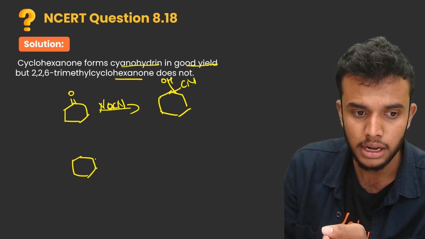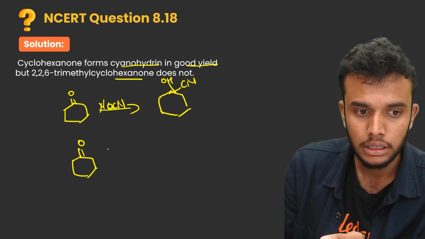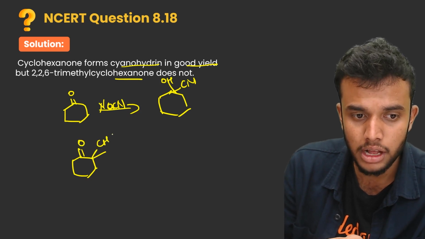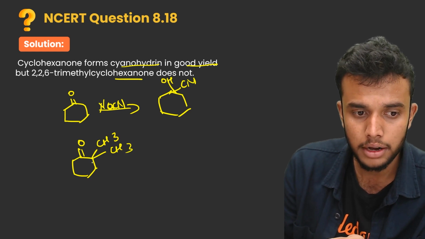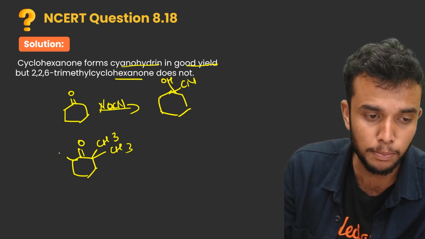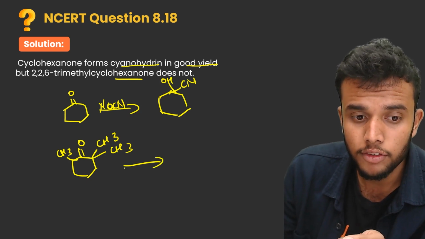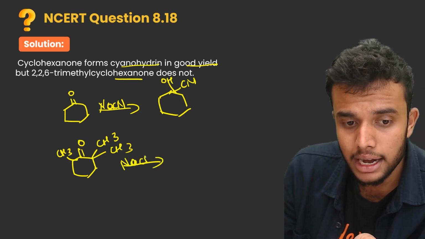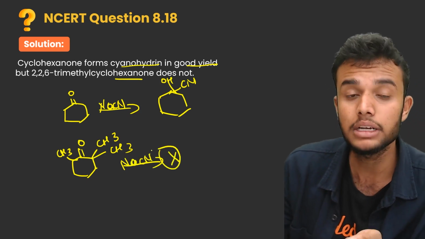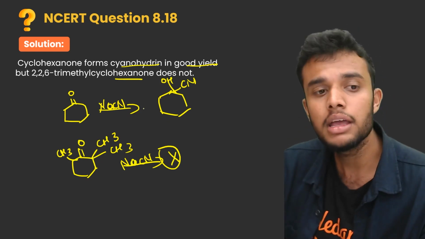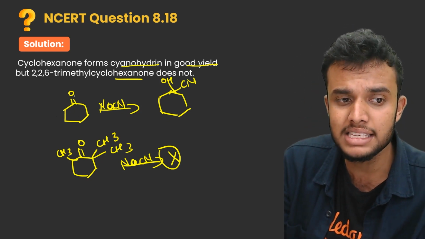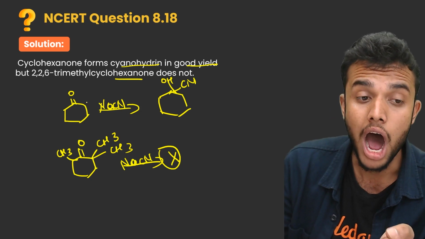2,2,6. It's nothing but at the second position 2 methyl groups. 1, 2, 3, 4, 5, 6. At the sixth position, only 1 methyl group. If it undergoes cyanohydrin formation, it does not form any product. Why? Because, students, please see, here there is no alpha substitution.